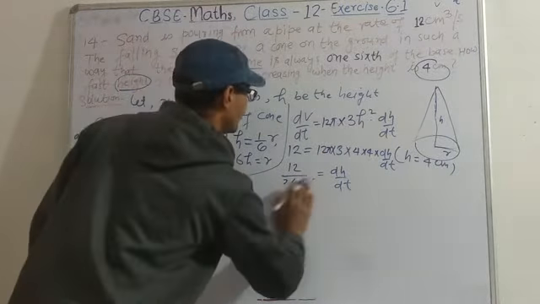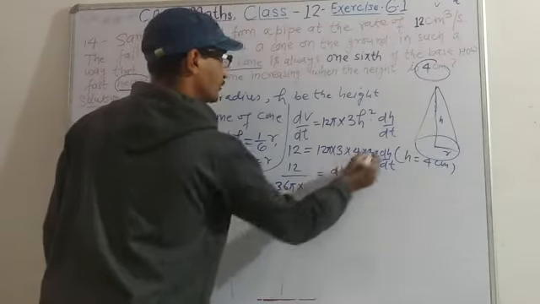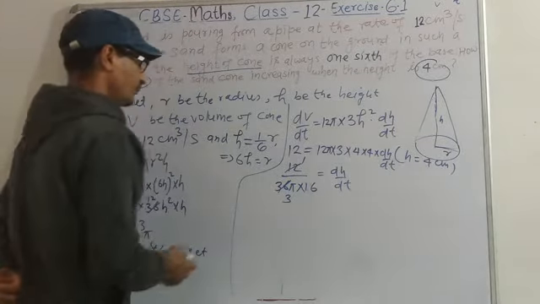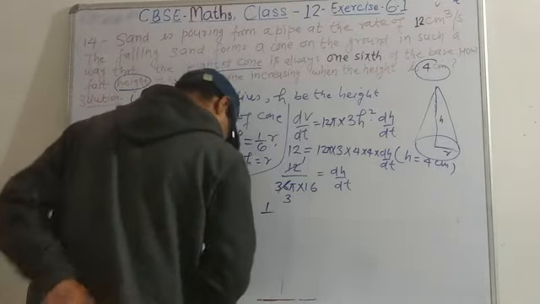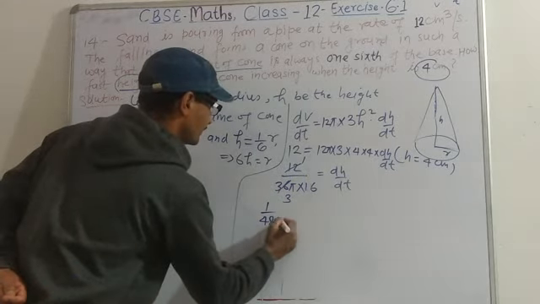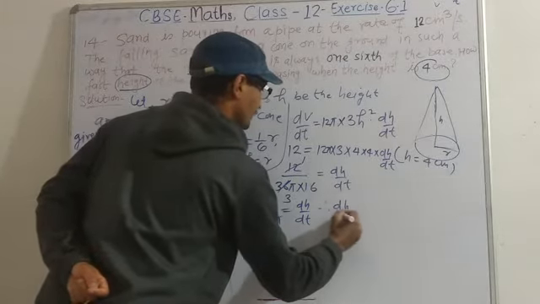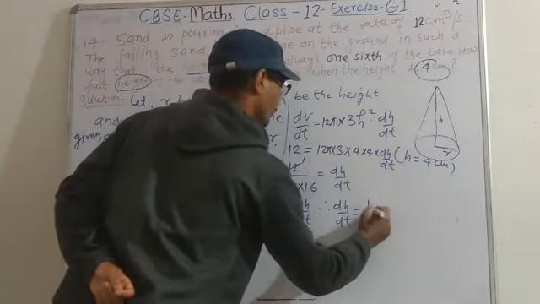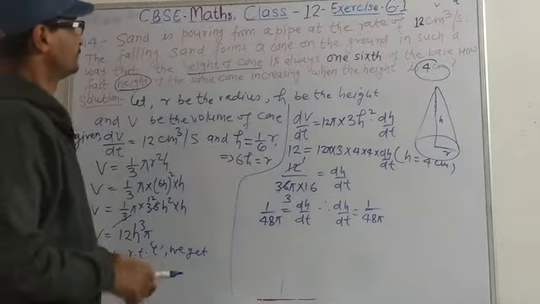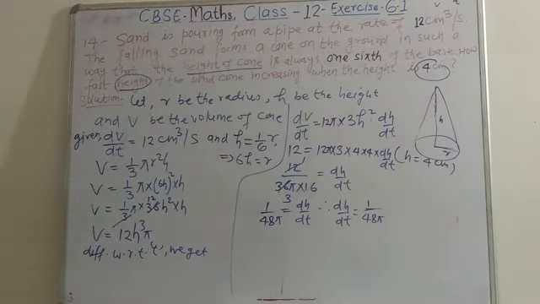So it is 12, 12 × 3 is 36π into 16, so 12 divided by 12 is 1, 16 × 3 is 48π. Therefore dh by dt equals 1 by 48π.